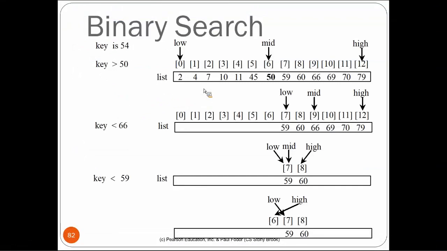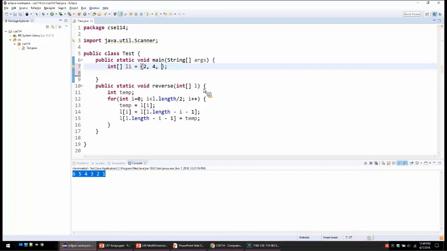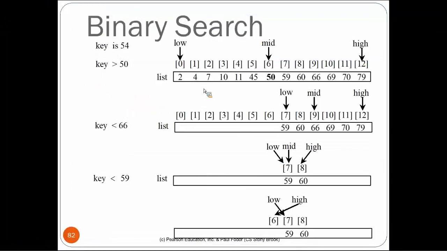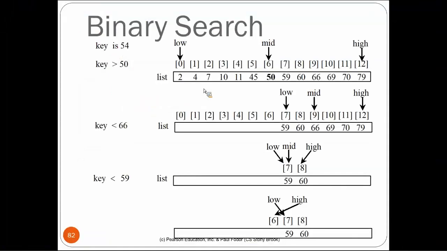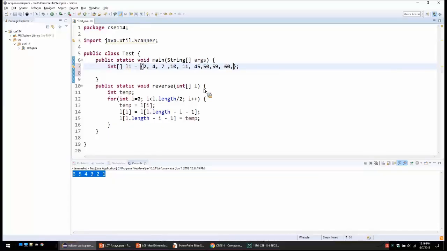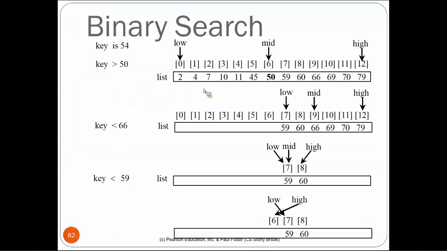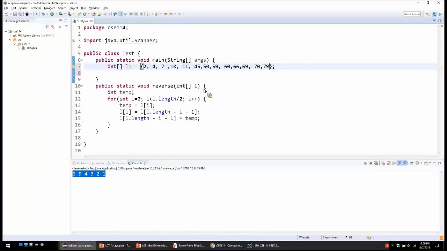Let's actually take the elements that are here, 2, 4, 7, 10, 11, 45, 50, 59, 60, 66, 69, 70, 79, and we want the index of, let's say, binary search in this array L1 of the element 70.